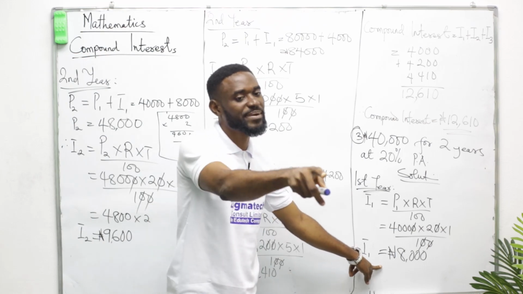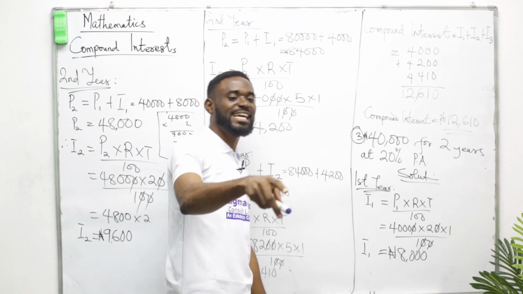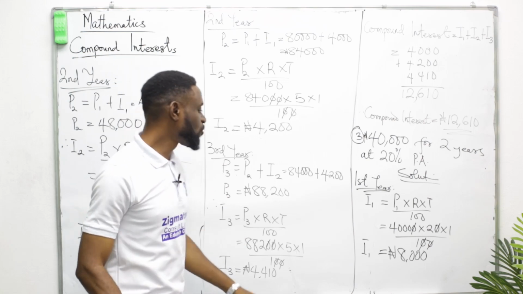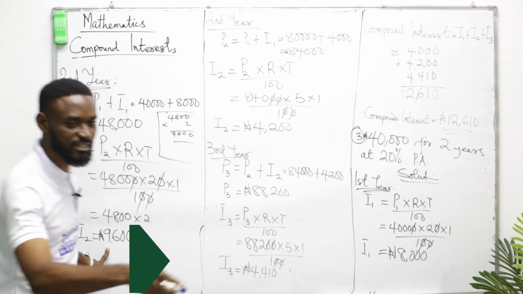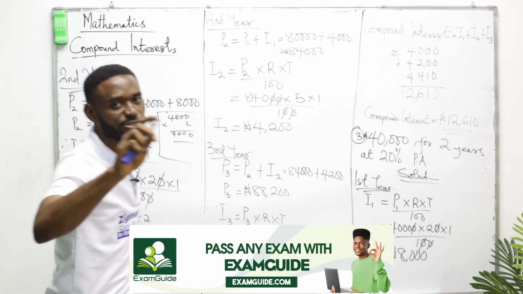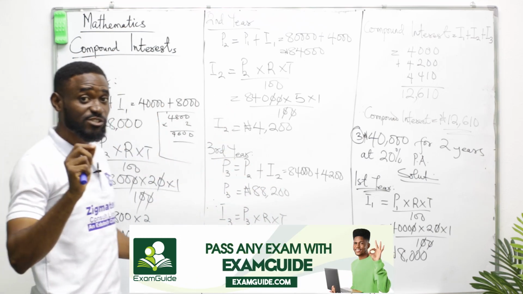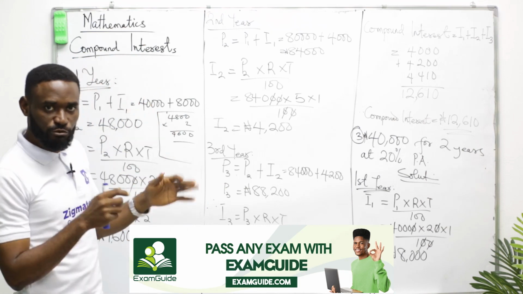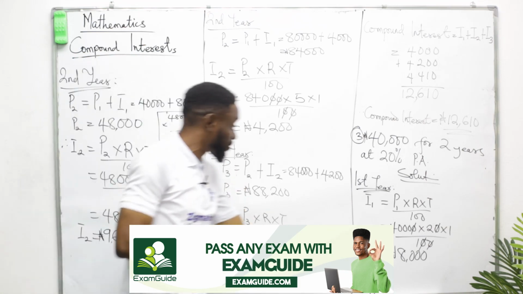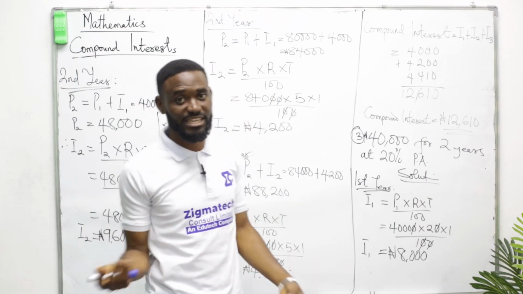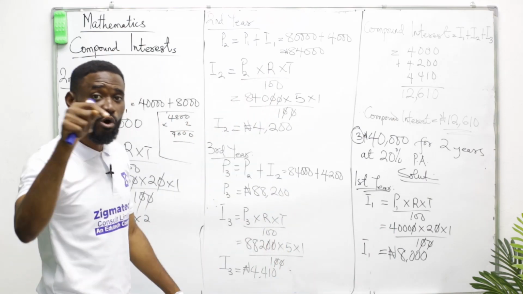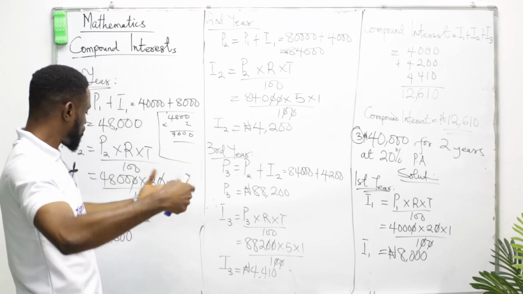So if you go and pick that, you are wrong. Again in option D, they gave you the interest for the second year, which is 9,600. I said your examiners can be very tricky. You arrive at an answer, you check the options, you see 8,000 and you think that is the answer. Follow what the question is saying. The question says, what is the compound interest?